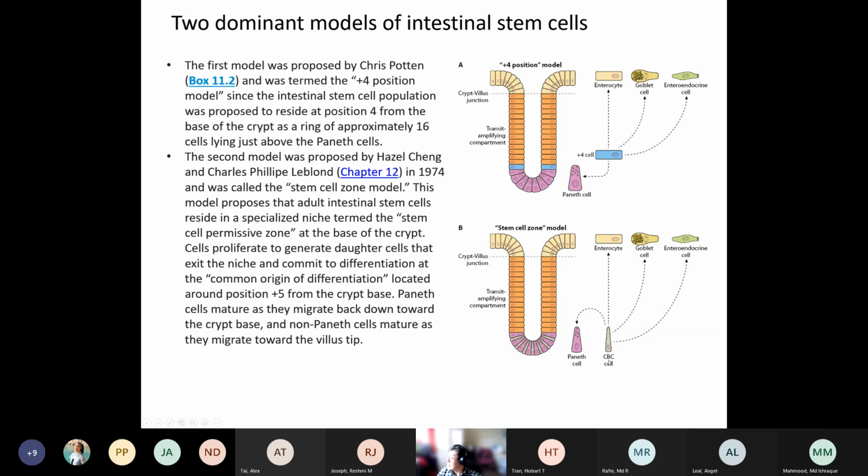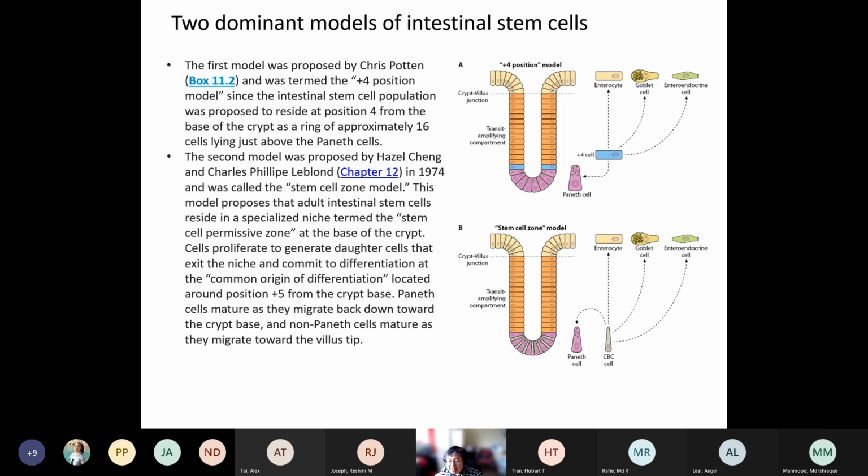And in their model, they named this adult stem cell a crypt base columnar cell. Columnar describes the shape of it. So it's a crypt base columnar cell. Just as in the first model, this cell will give rise to the functional cell as well as the dependent cell. But the dependent cell is placed in a very unique position toward the CBC cell.